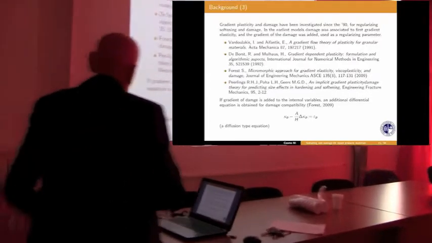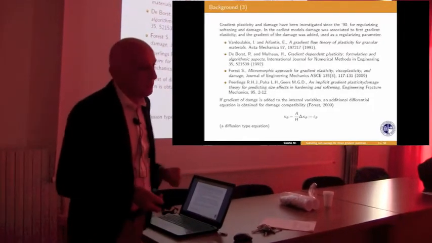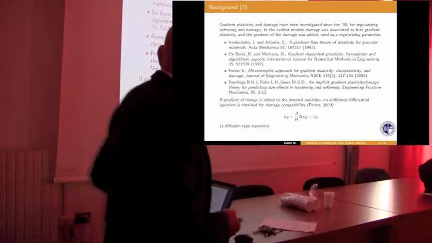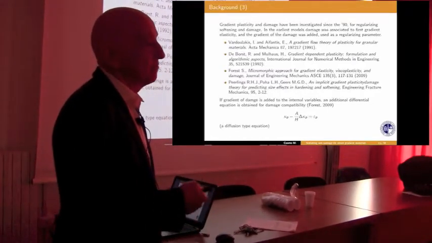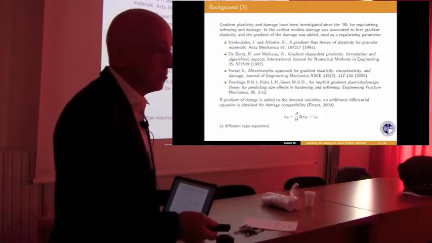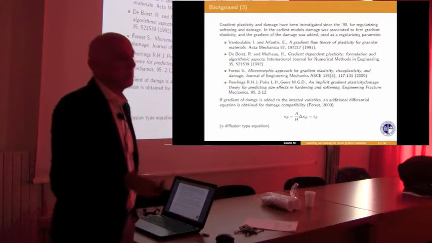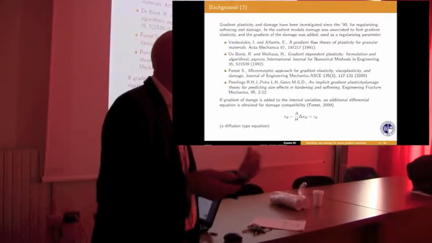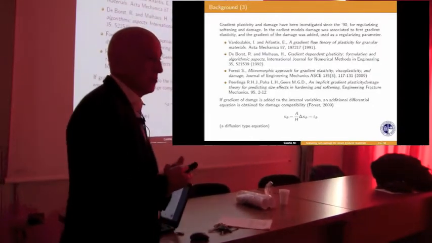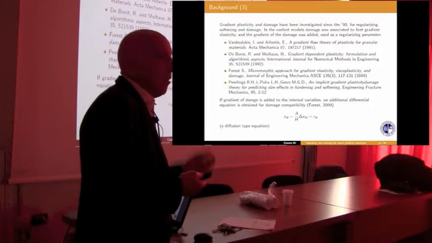But in the end you come out with an equation like the one at the bottom, which we took from one of your papers, which is the evolution equation for a damage internal variable. And there is a gradient of it inside it. This is a diffusion type equation. That's why it avoids localization. But you have an additional field equation to solve.